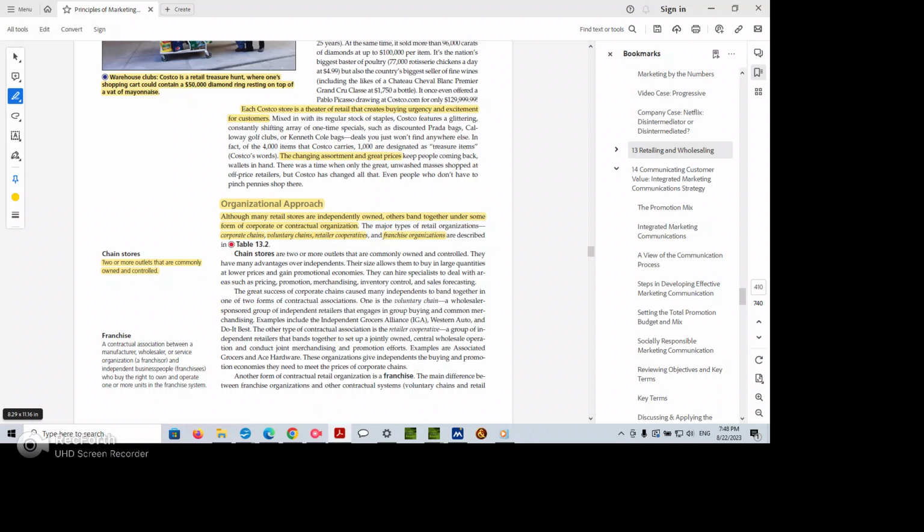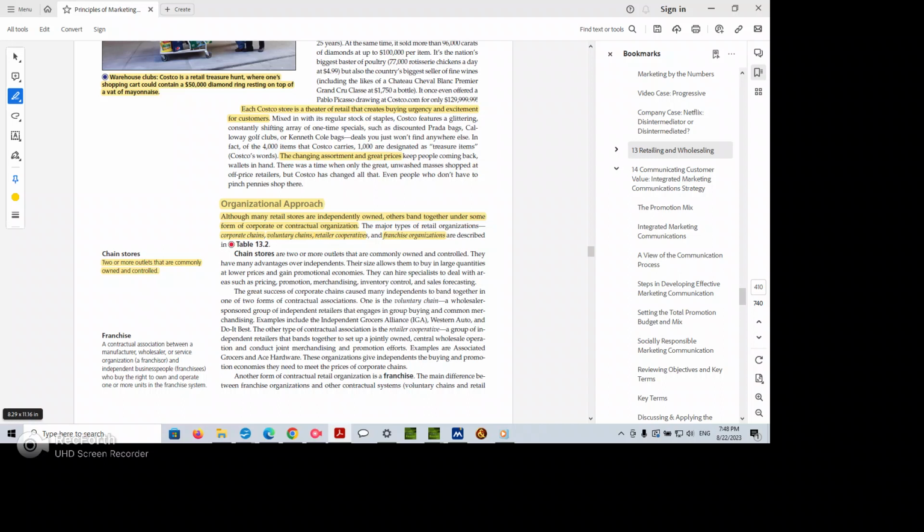Now, in terms of a franchise, remember that a franchise is a contractual association between the manufacturer, wholesaler, or service organization, the franchisor, and the franchisee, the independent business. The franchisor is the organization.